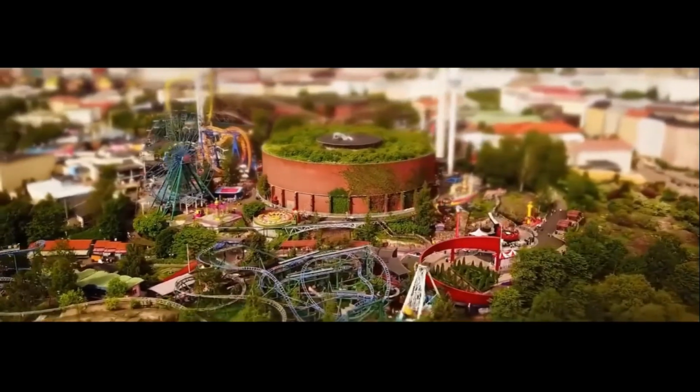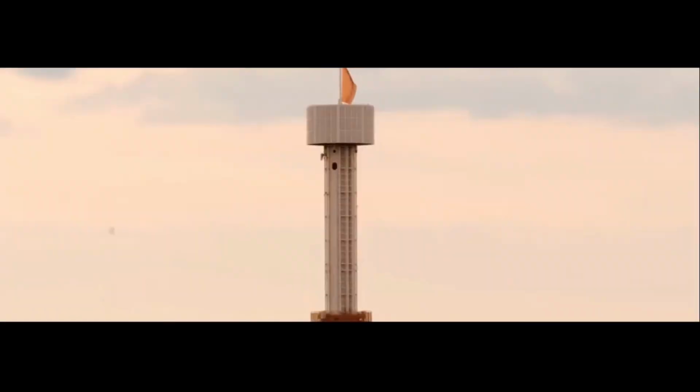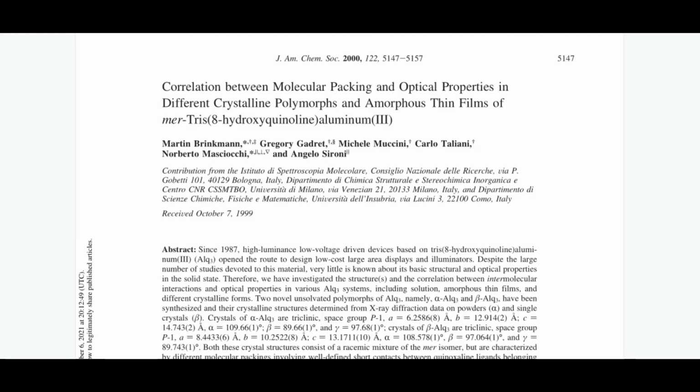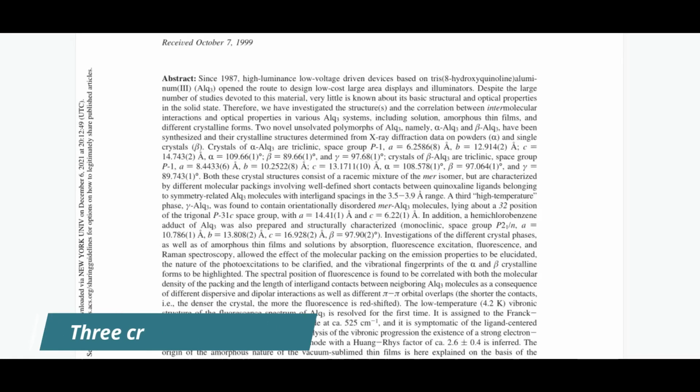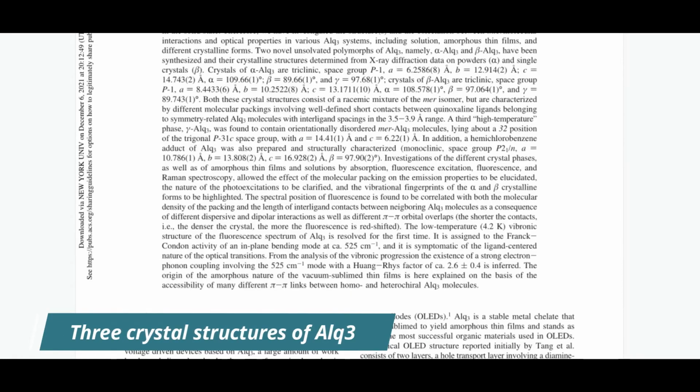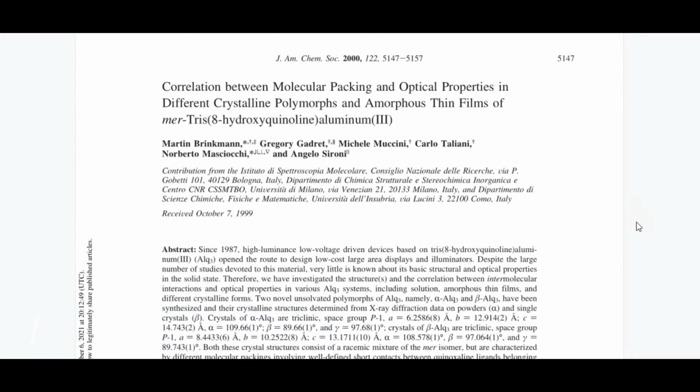The optical properties of AlQ3 in relation to its crystal structure were studied in this paper. They generated and analyzed the crystal structures of 3 AlQ3 crystals using X-ray powder diffraction analysis of 3 phases of AlQ3: alpha phase, beta phase, and gamma phase.